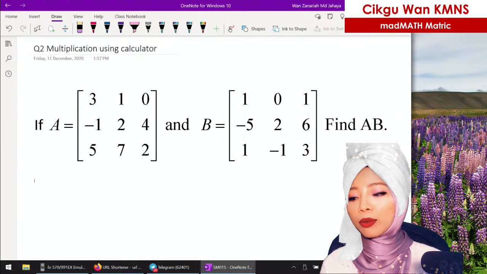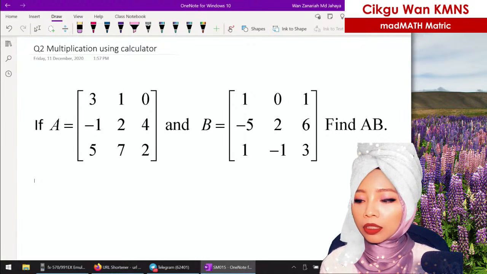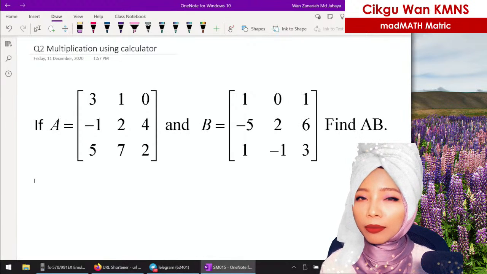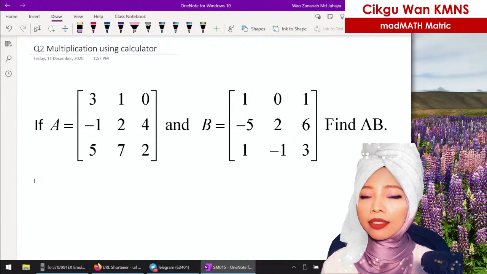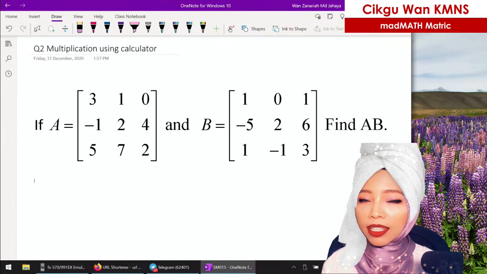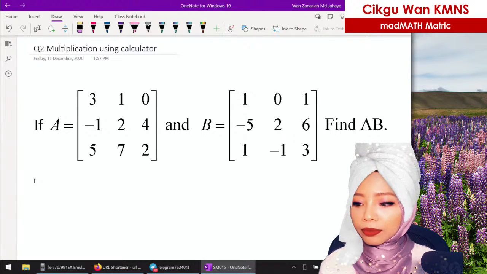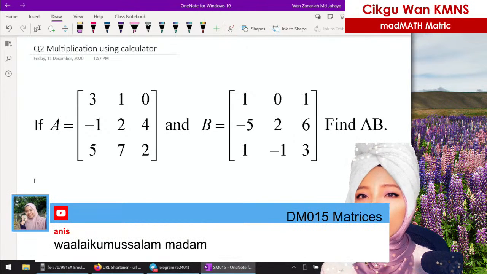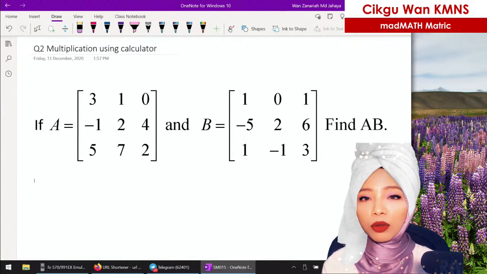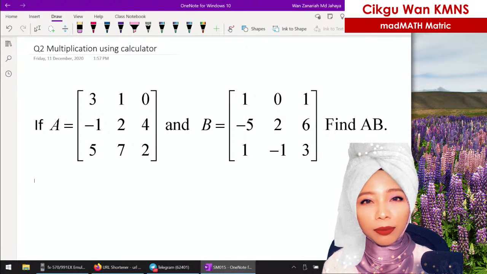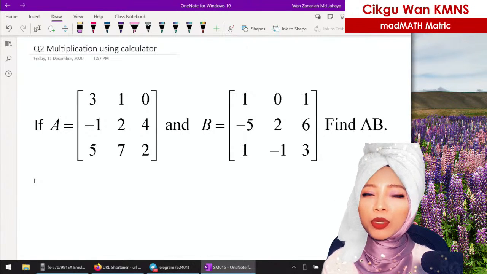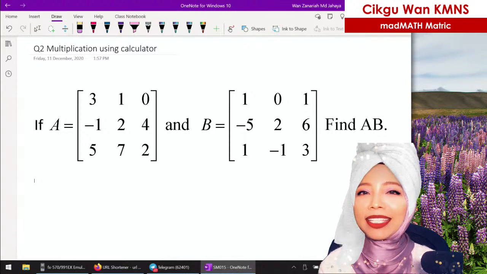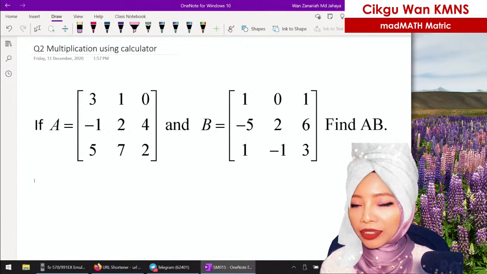You must be able to distinguish what the column, row and zero matrices are, and what if given upper triangular matrices, lower triangular matrices, which I am not going to repeat because I'm pretty sure that you already covered this subtopic clearly in your tutorial, okay?